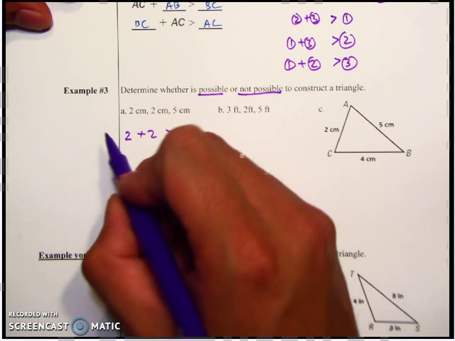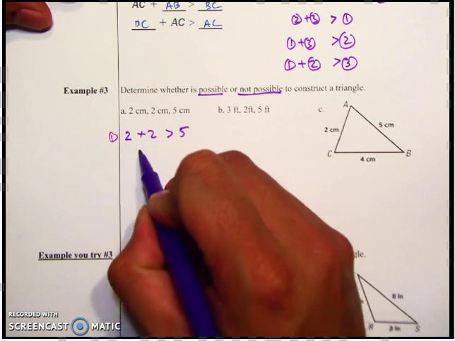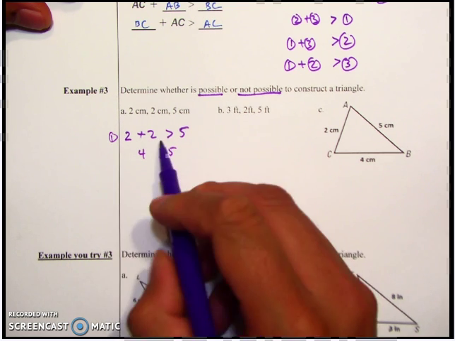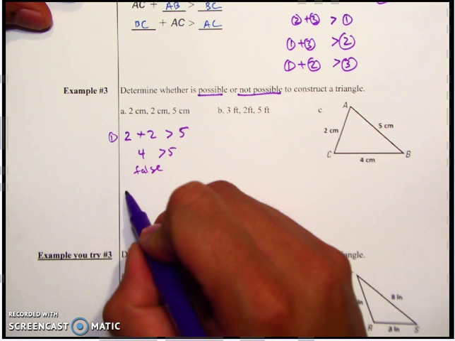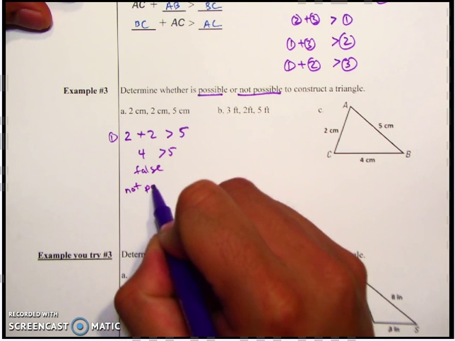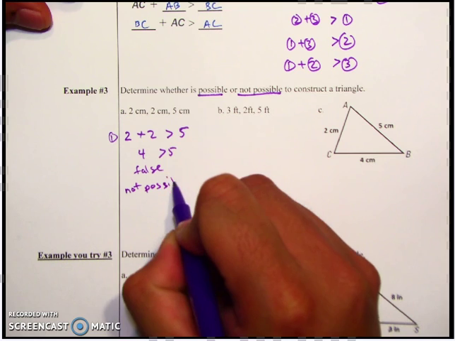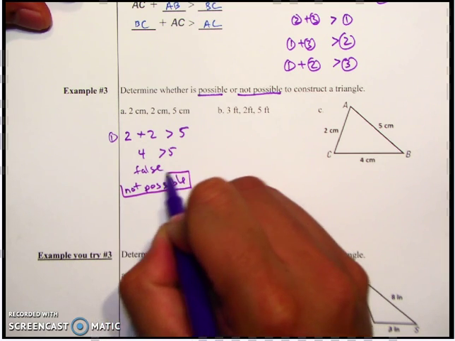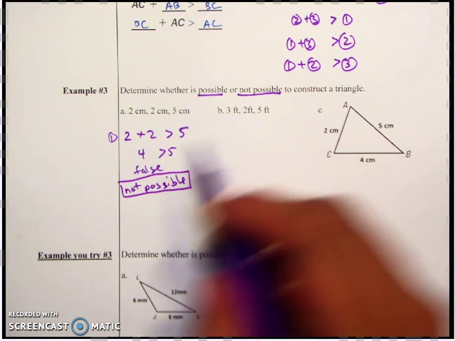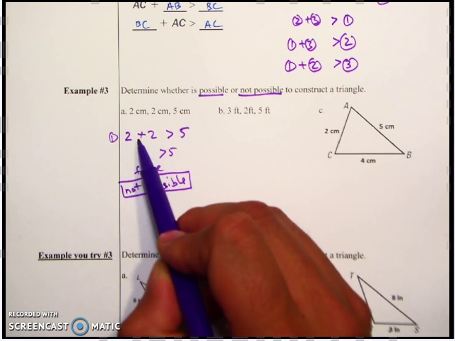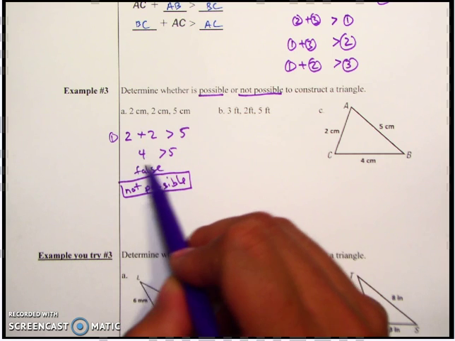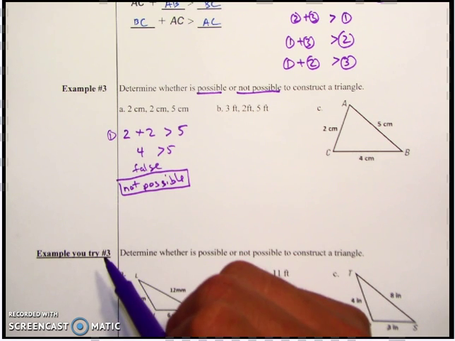When you do this, 2 plus 2 is 4. And you look at the statement, this is going to be false. So that means it's going to be not possible. Okay? Remember, the idea is to make any triangle, the first 2 sides have to be bigger than the third side when you add this up. Okay? So it's not true, it's false, so you say it's not possible.